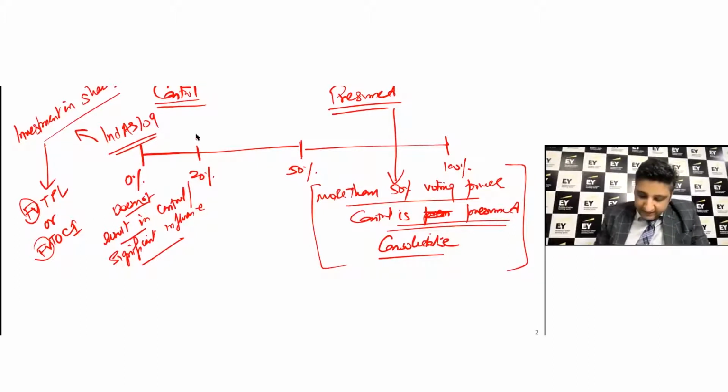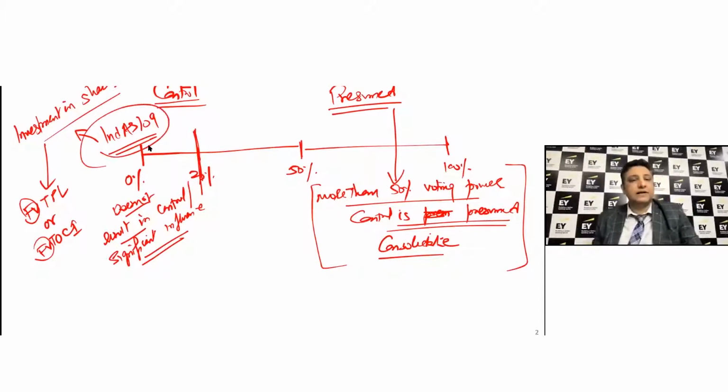And then there's another benchmark where we said that if it is up to 20%, it's between 0 and 20%. I mean, it cannot be 0 effectively. It is up to 20%, of course. Then we assume that the accounting would be dealt for under Ind AS 109, under the financial instruments accounting.